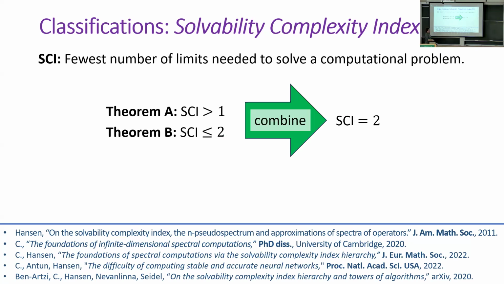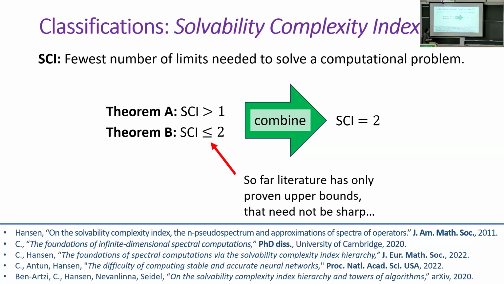Theorem B was showing that we can fix DMD to converge, playing around with those functions, okay? But we had to do it in two limits. So the SCI is upper bounded by 2. So you combine these lower bounds and these upper bounds, and you get that the SCI is equal to 2. Okay, so you've got sort of a number that tells you how complicated this problem is in some sense.